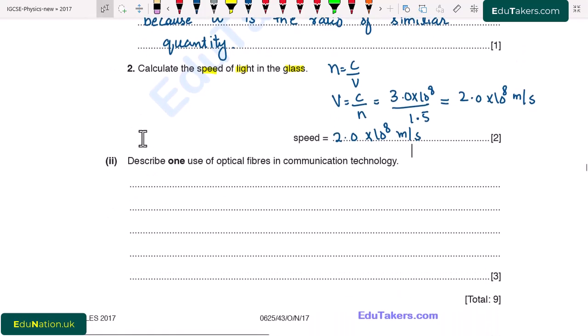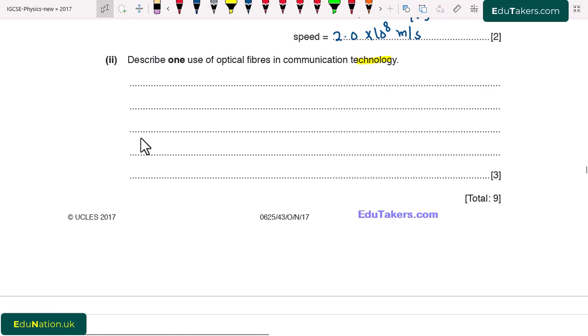Part 3. Describe one use of optical fiber in communication technology. So here we have to describe the use of optical fiber. The signal that is sent along the optical fiber in a telecommunication system like telephone is in the infrared region of the electromagnetic spectrum.